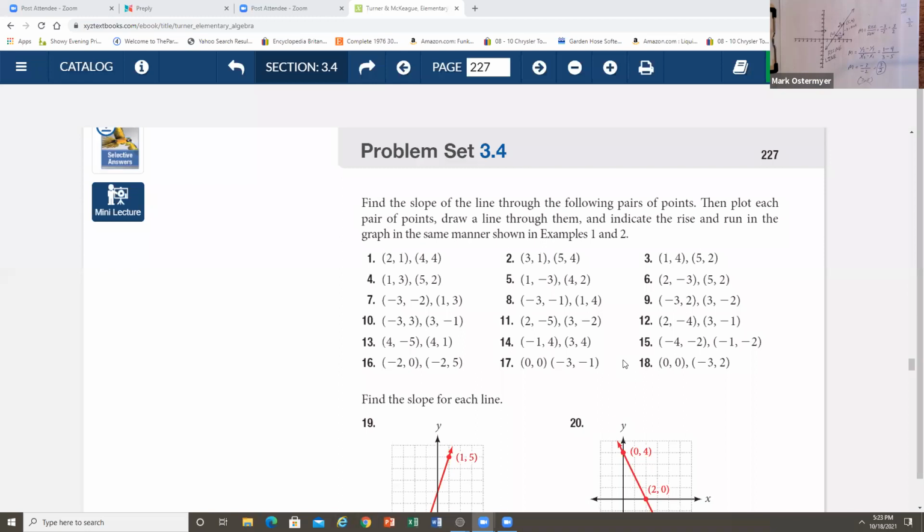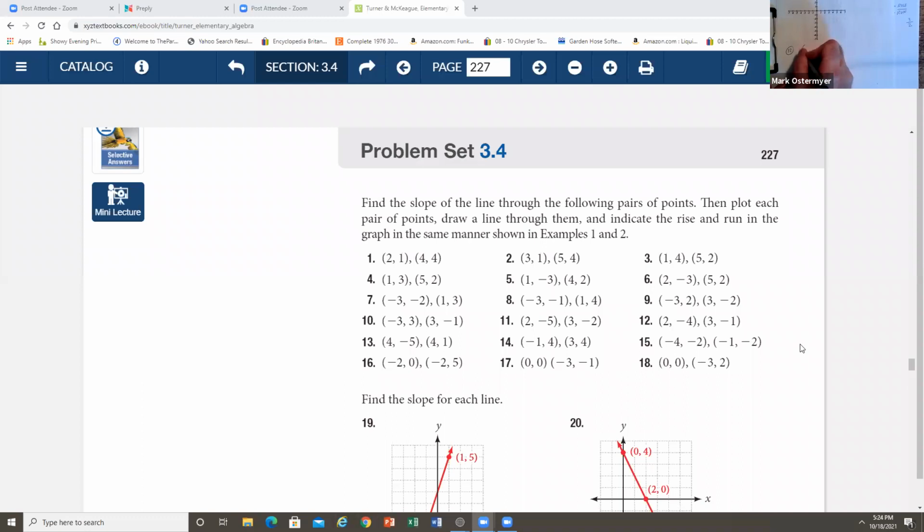Now, you're going to have to be careful computing the slope of a line, especially when you have a bunch of negatives present. For instance, number 12, you're going to have to be more careful because you've got negatives here. So let's see if we can compute the slope for 12.